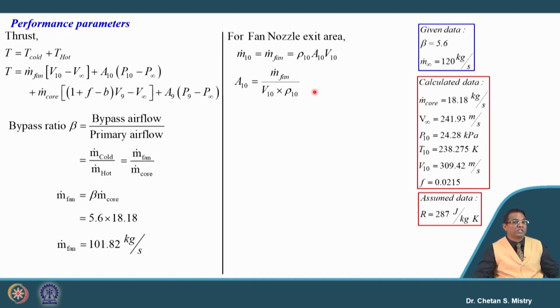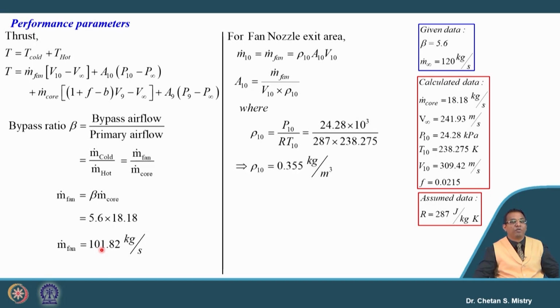This is the mass flow rate that is passing through my bypass duct, and that is what is important for the calculation of my exit area. So, if that is the case, we can calculate our density. It is P upon R T, and if we put these values, my density comes to be 0.355 kg per meter cube.